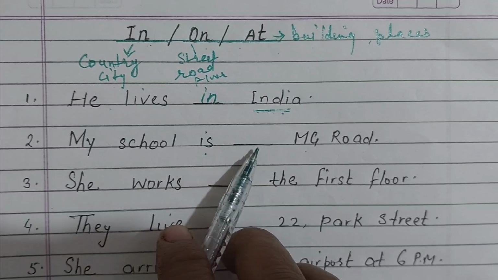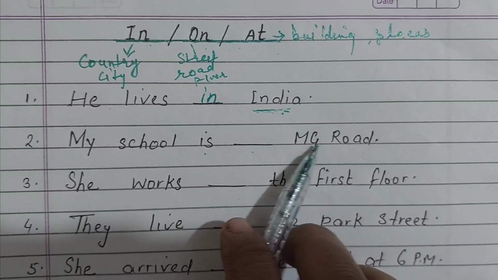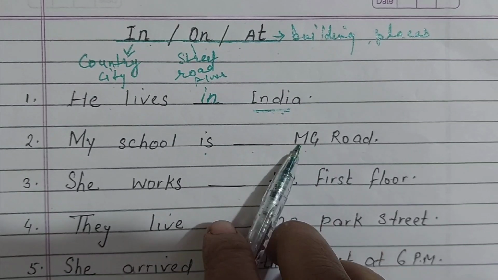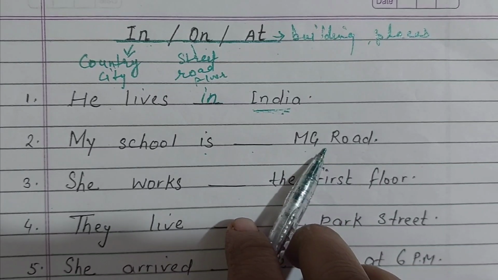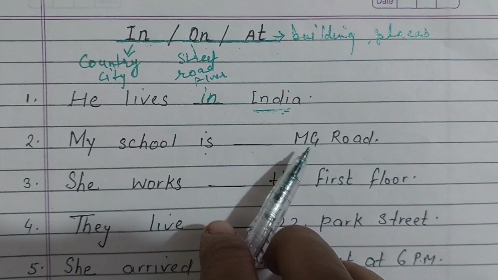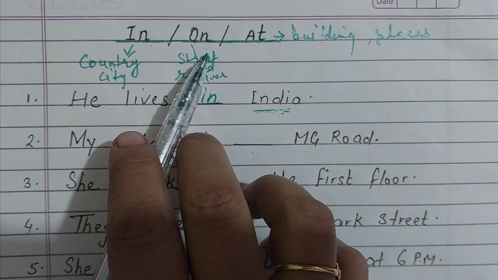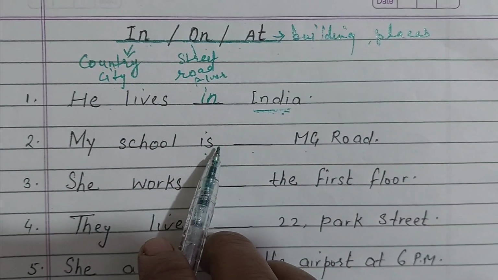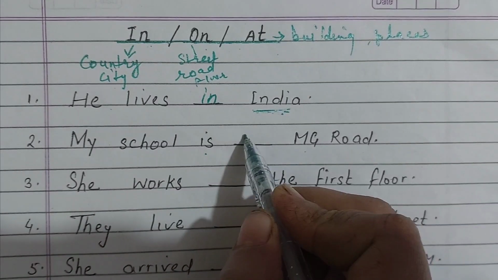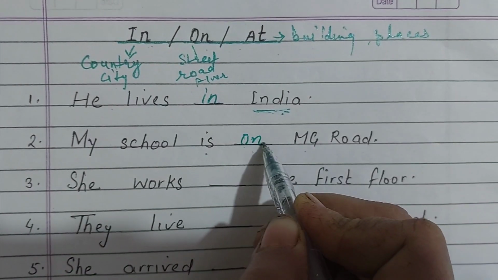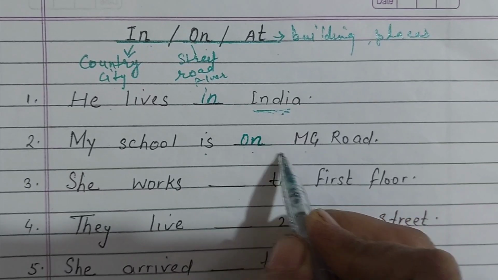MG Road is a road, and for a road or a street, we use on. So here we use on. My school is on MG Road.